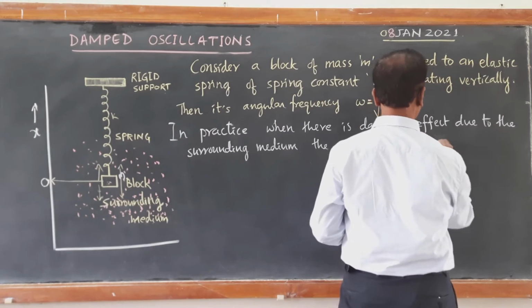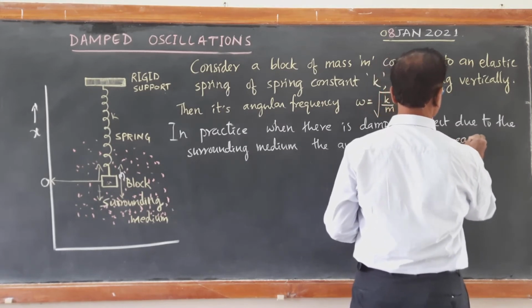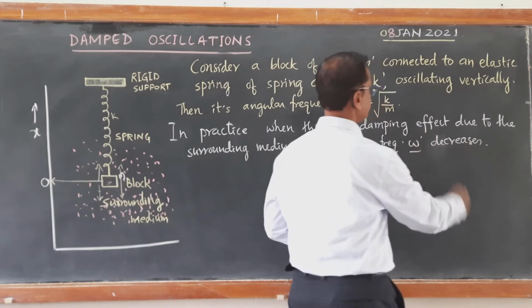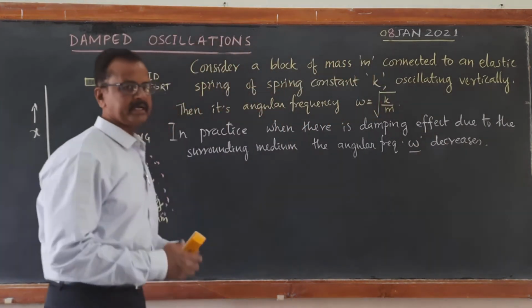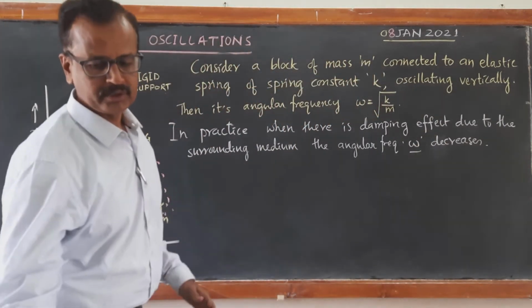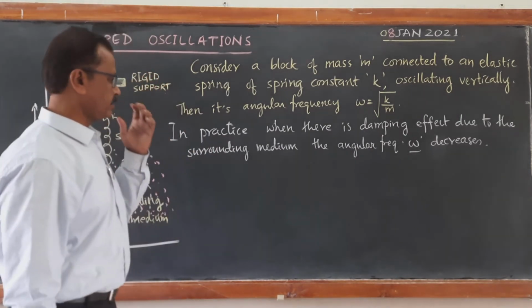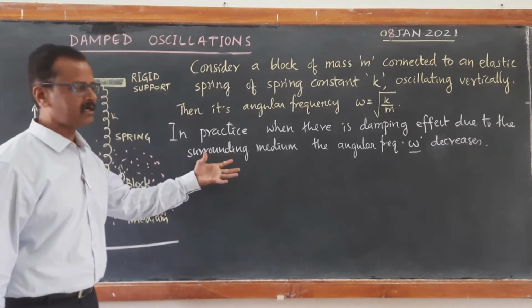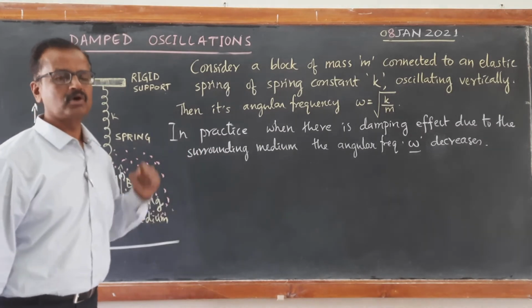Angular frequency omega decreases. It keeps on changing. So in that case we are going to take it as omega dash, which is going to be a decreasing value. And for small damping effect we can assume that this angular frequency is almost constant.